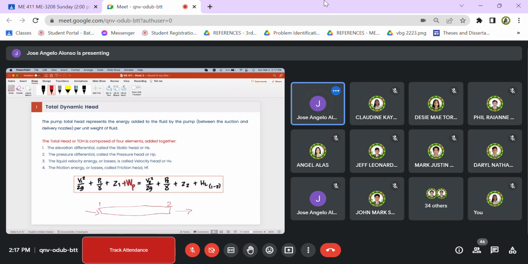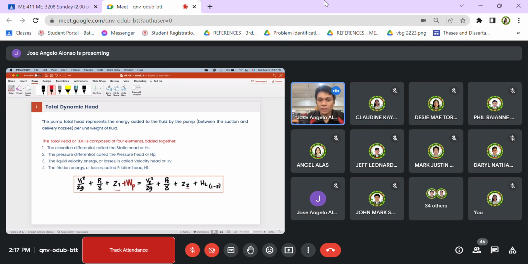But when we're dealing with pumps, what we're going to do is associate it with the discharge and suction. We will no longer use point A to point B or point 1 to point 2. So again, one of the four components of the total dynamic head is the elevation differential, which is called the static head, between the discharge and the suction port. So this is the discharge, this is the suction.